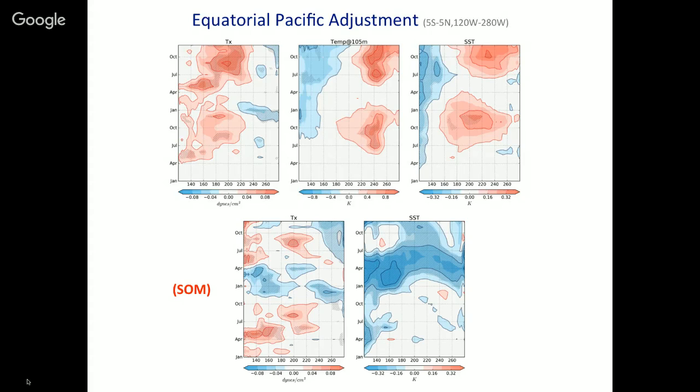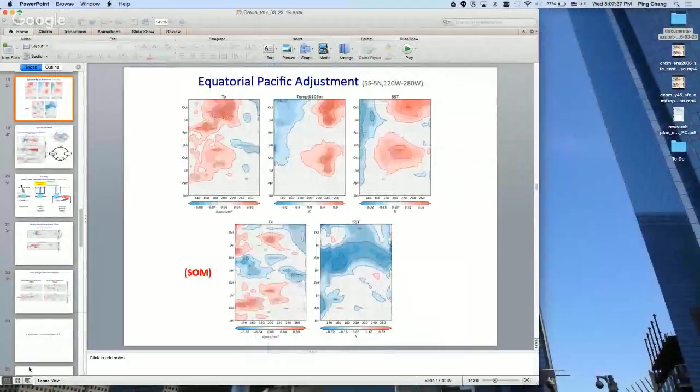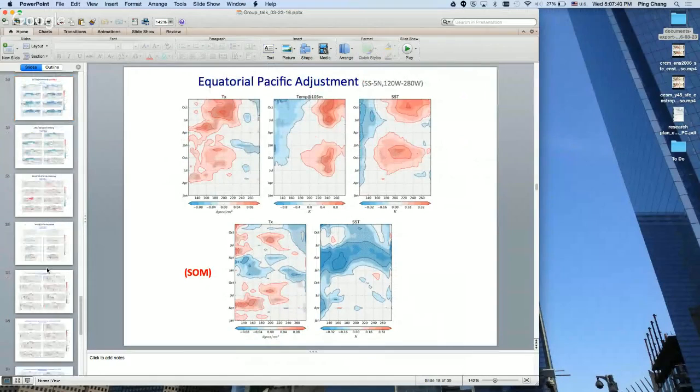In a slab ocean, do you see the similar thing in the Atlantic Ocean? The seasonal evolution pattern? You mean, no, it adjusts very quickly. I have a figure. It adjusts very quickly. It's very strong. I'll show you the SST.